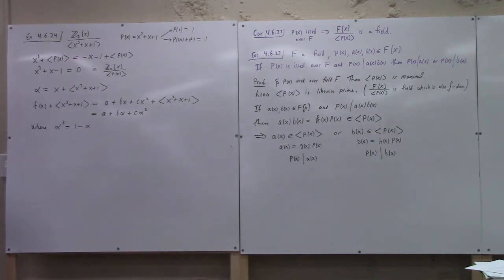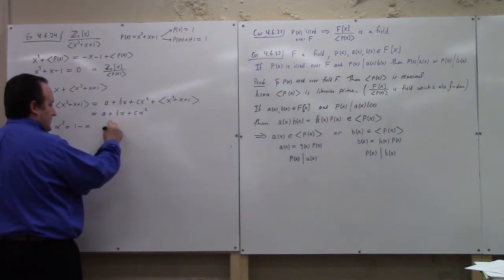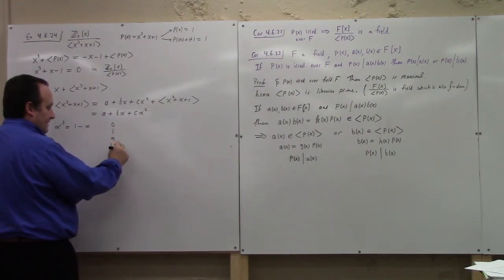So what I'm trying to get at is this can go from 0, and then you've got 1, you've got alpha, you've got 1 plus alpha.